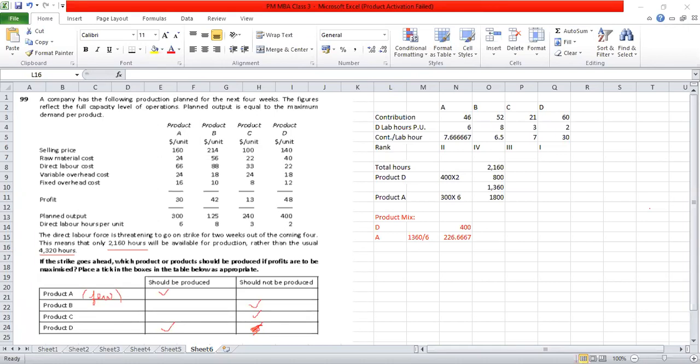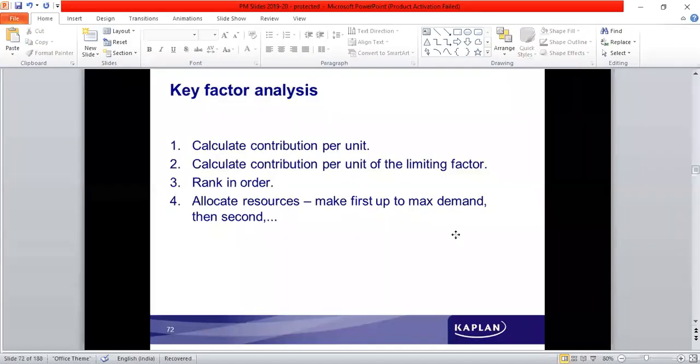I think only one question is there according to the limiting factor. If there is one limiting factor, we depend on key factor analysis. Whatever we have learned in today's class will be the base for throughput costing, which we were supposed to start after the key factor analysis.